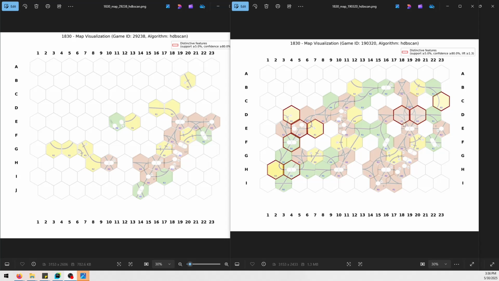The cluster has identified this hexagon as being a more important hexagon for games in this cluster compared to games not in this cluster. And I've used a couple of different parameters to define these tiles. The visualization is in its infancy. I'd really like to clean this up so that the transparency or opacity of these tiles varies with importance as well, and I just haven't gotten that working yet.